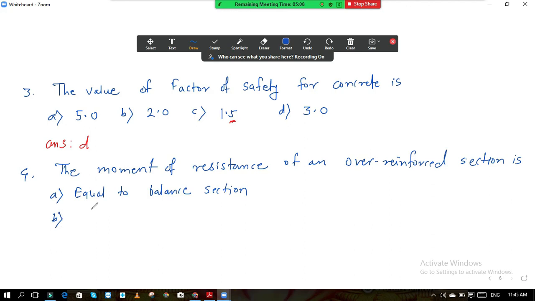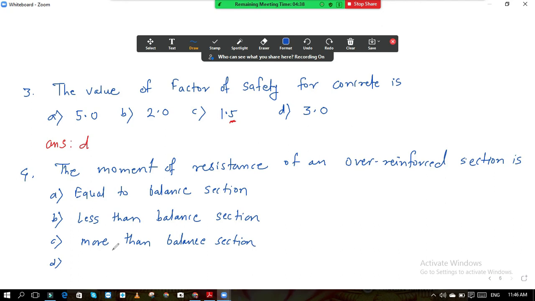Second option, less than balanced section. Third option, more than balanced section.